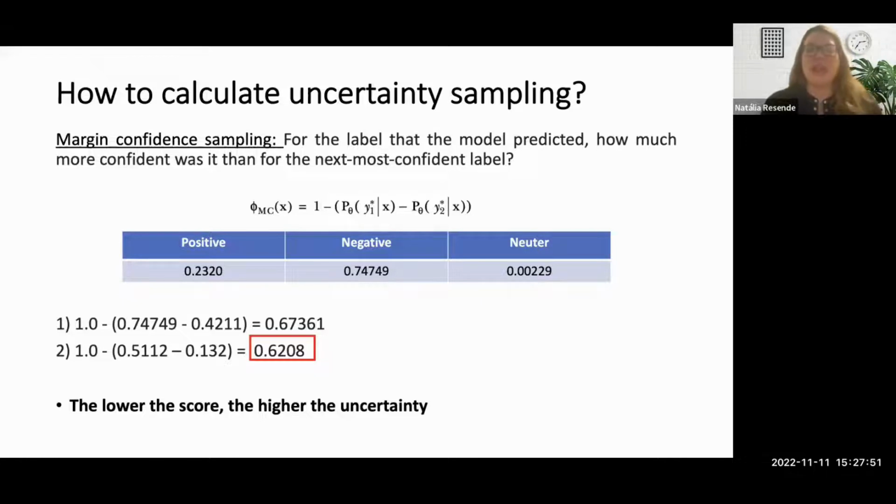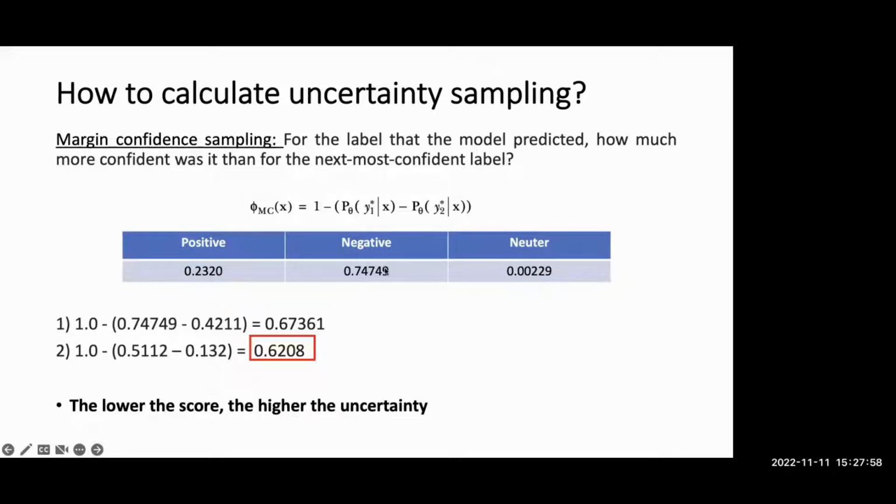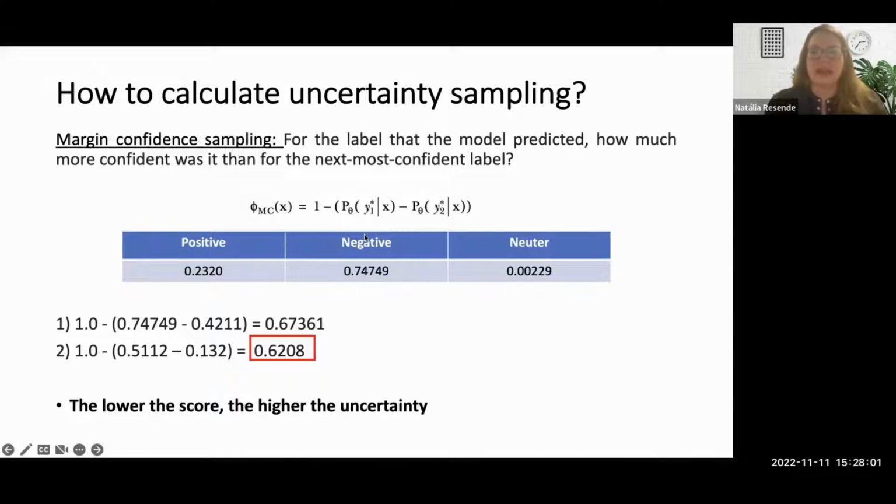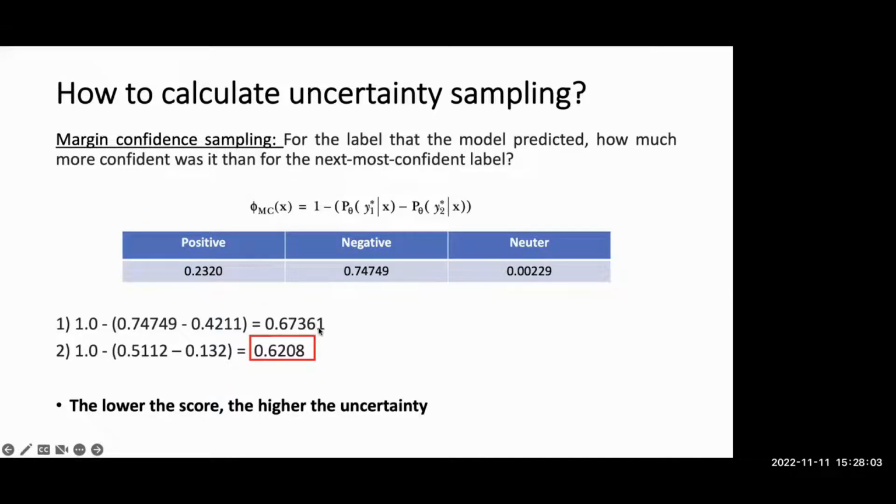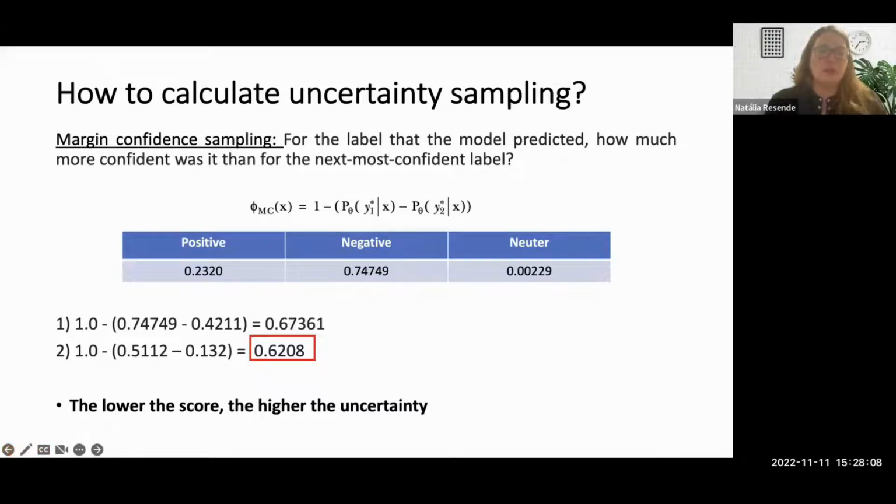Actually, it should be 0.2320. So we subtract this from this, negative from positive, and then we get a score. In the previous slide, we subtract 0.112 from 0.132. Then the lower the score, the higher the uncertainty. Is that clear now? Yeah.